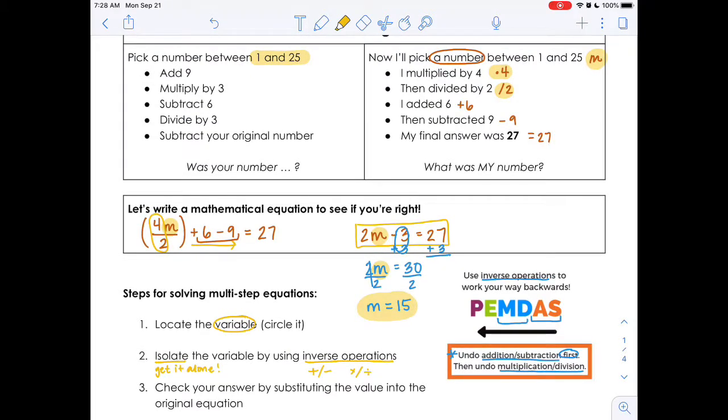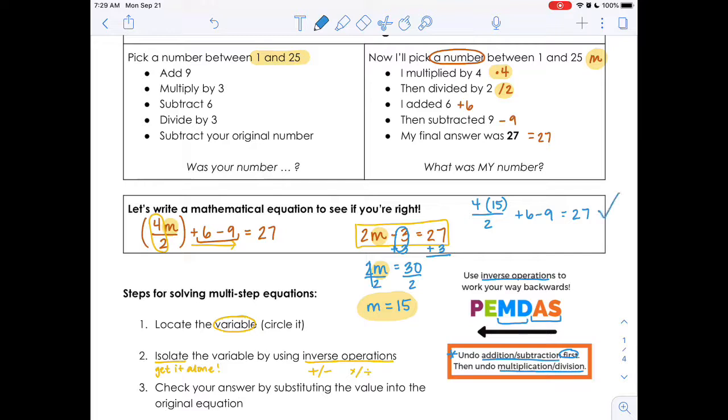So if I started with the number 15, and then I multiplied that number by 4, four times 15 would have given me 60, and then I divide that by 2, which is 30, and then I add 6, which is 36, and then I subtract 9, which is 27.